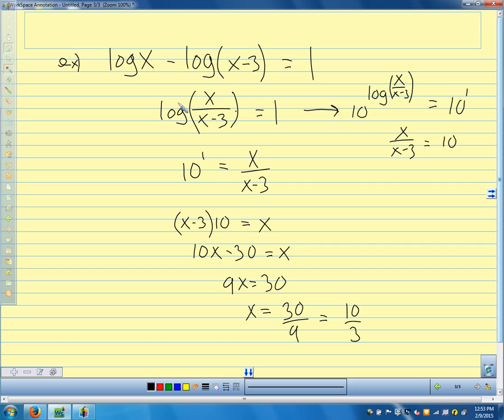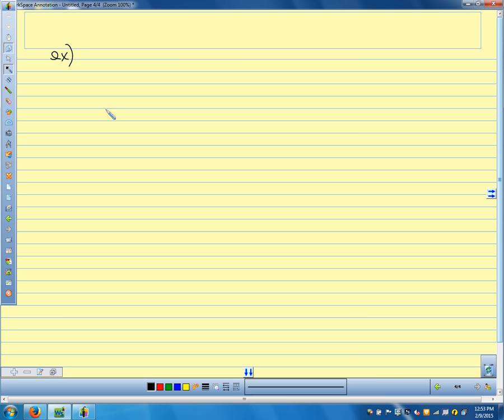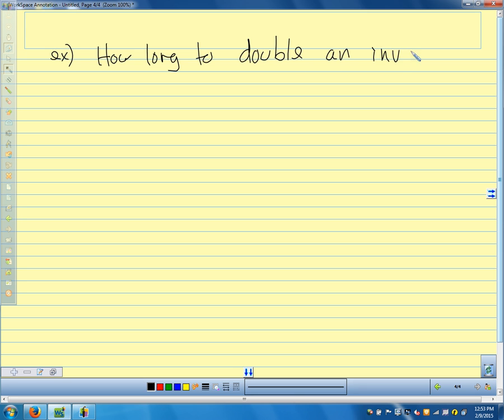All right, want to look at a couple of application problems. So let's say we want to double an investment at 8% interest with continuous compounding.